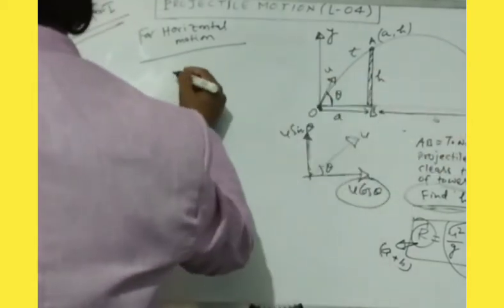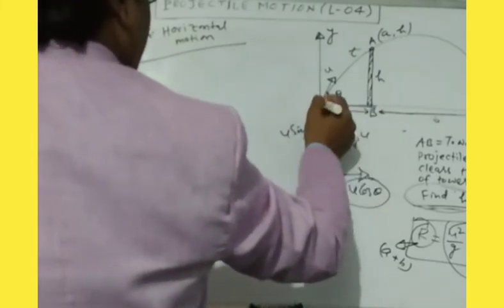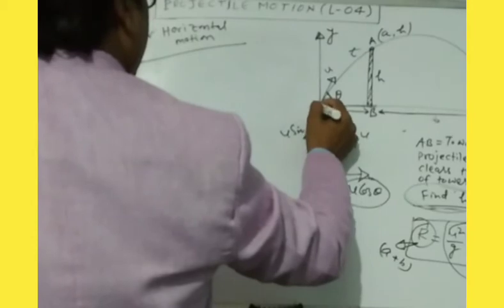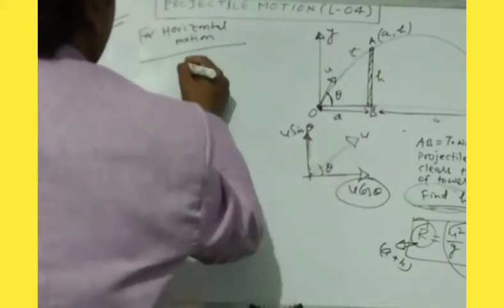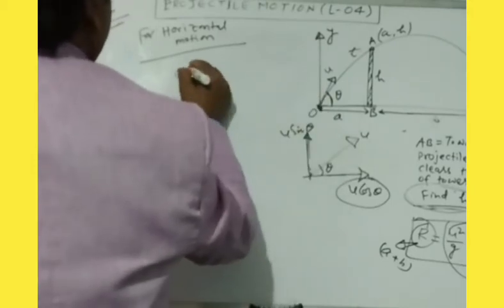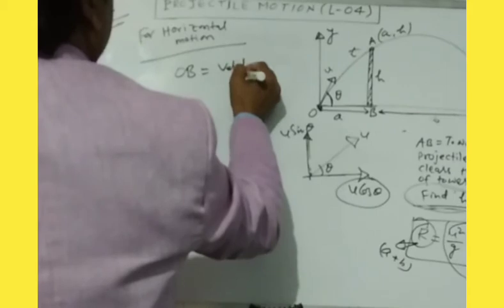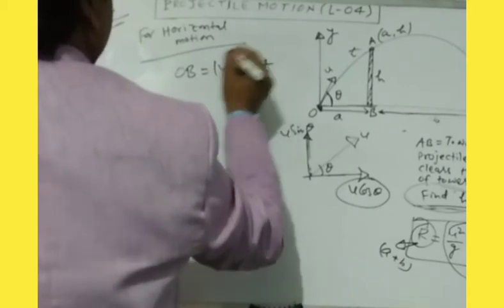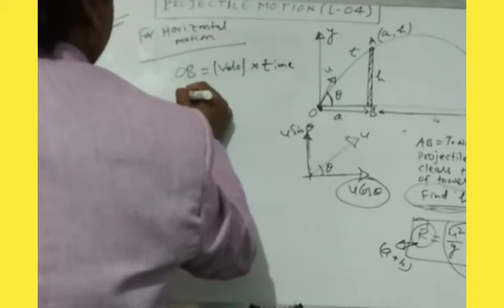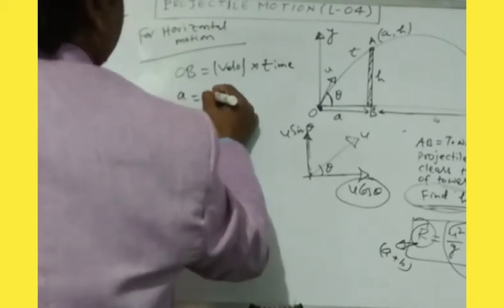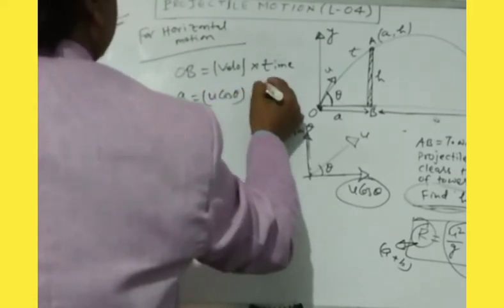So this distance a equals the magnitude of velocity into time. Time is small t seconds. So this distance OB can be written as magnitude of velocity into small time t. OB is basically small a, velocity is u cos theta and time is t seconds.